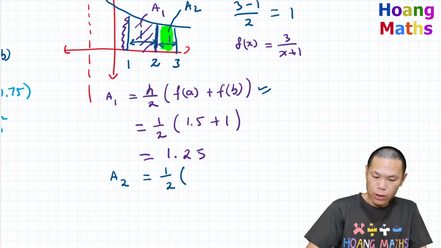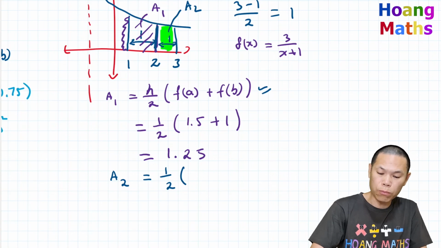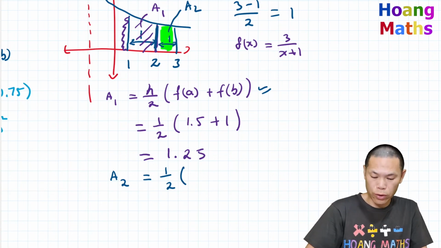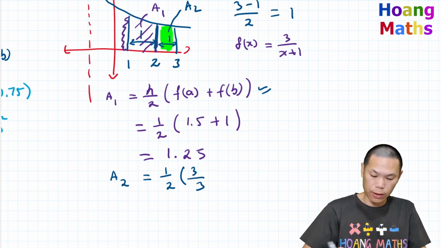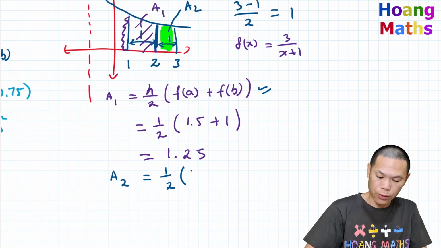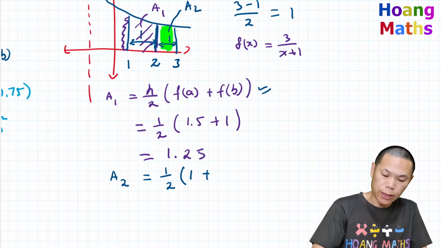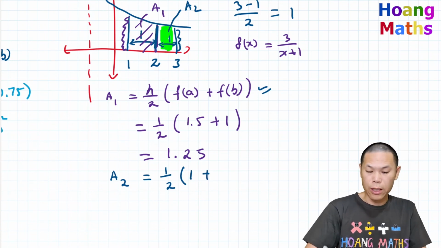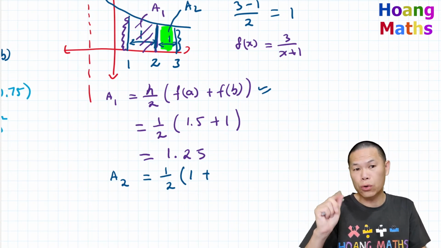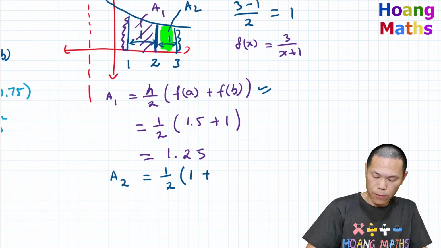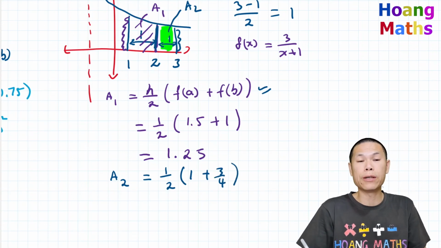So 2 plus 1 is 3, so 3 over 3. I just substitute 2 into the function. So that is 1. Okay, let me just clear this. So it's 1. We add, in this case here, b is 3. So f of 3. So 3 plus 1 is 4. So 3 over 4, or you can write 0.75.